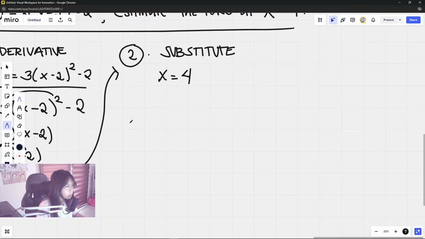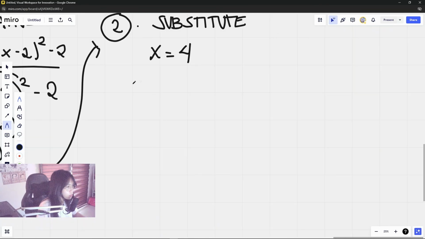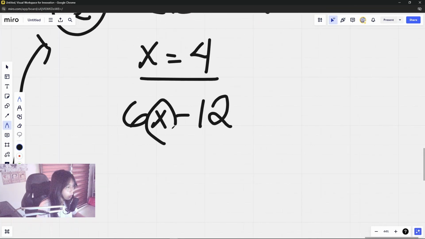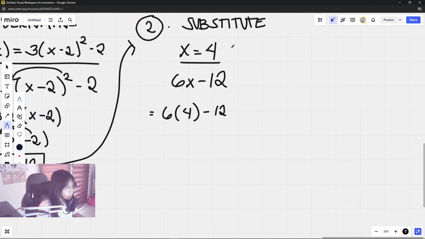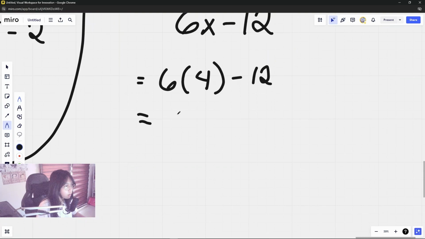So, ang gagawin mo na is, kapag nakuha mo na yung derivative ng function natin, which is 6x minus 12, isa-substitute mo lang yung given mo na x sa x nung derivative. Just dito, 6, and then plug mo yung 4 minus 12. 6 times 4 is 24 minus 12.